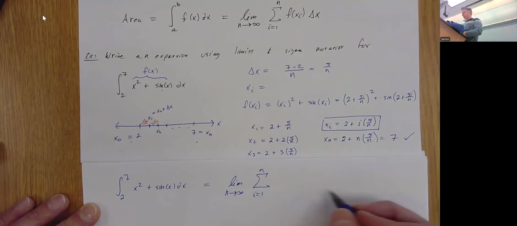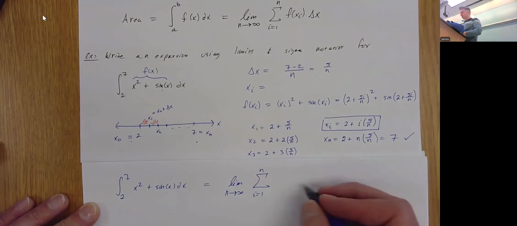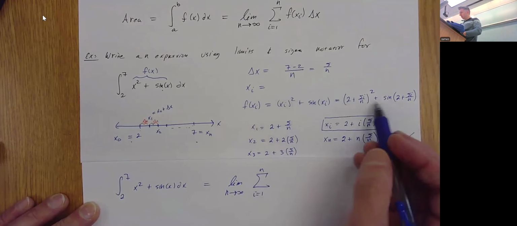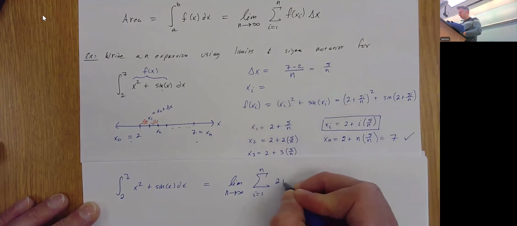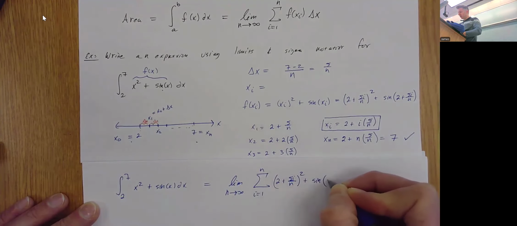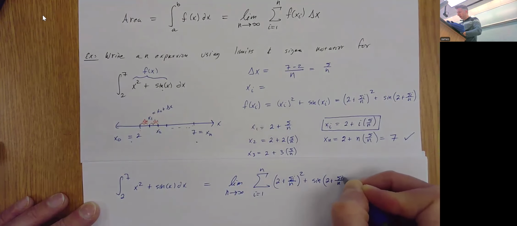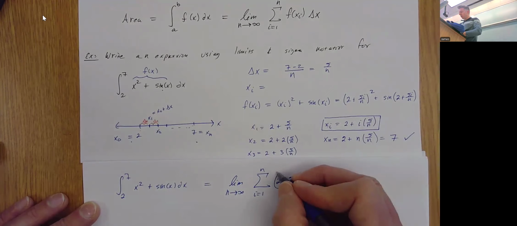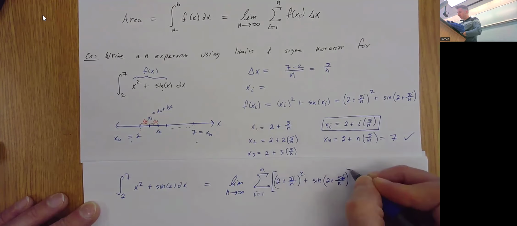And then here you're going to have your f of x sub i, which is going to be our gross thing here, our 2 plus 5i over n squared plus sine of 2 plus 5i over n. Sorry, it's terrible looking. All of that multiplied by our delta x.